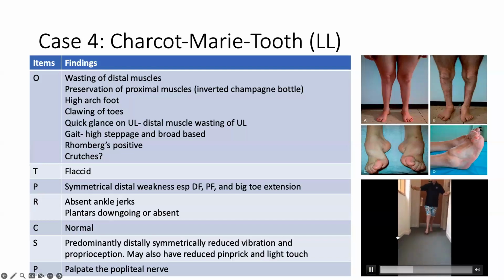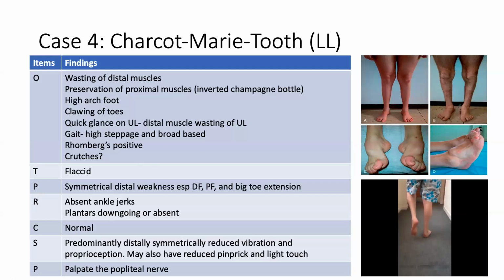His legs are pointing away too much from what a normal person would have done. So that's a high steppage, broad-based gait, and that tends to happen in patients with sensory ataxia, or patients with peripheral neuropathy affecting their proprioception. So Romberg's would tend to be positive, and look for crutches as well.